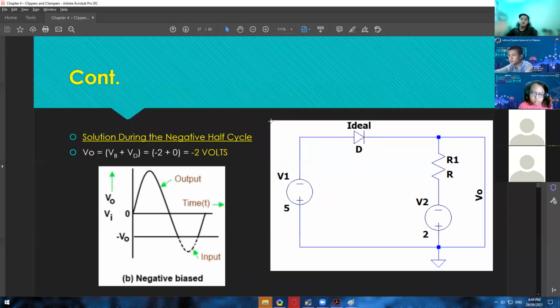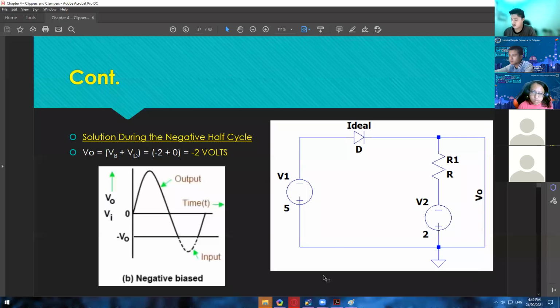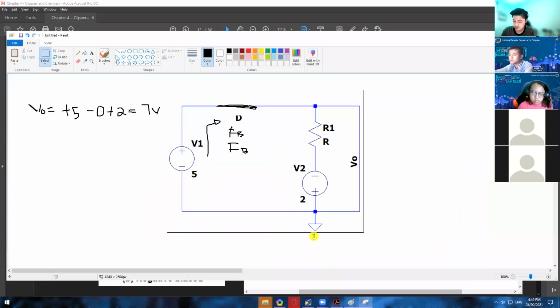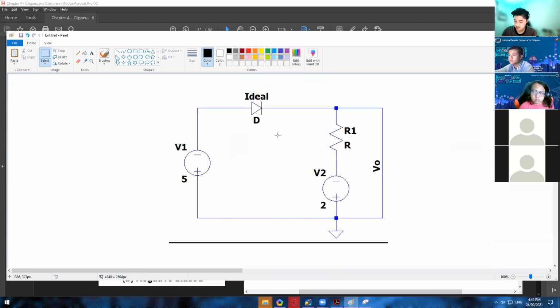All throughout, this one will be a reverse bias since V1 is greater than V2.